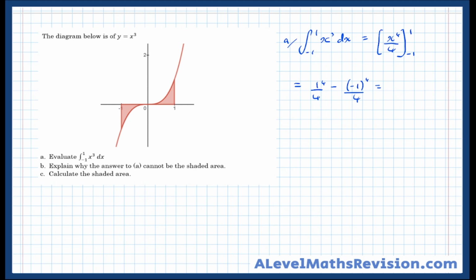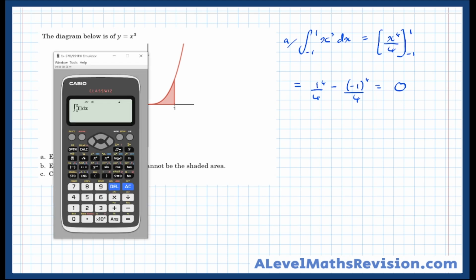It's just a quarter, take a quarter, which is 0. We can verify that on the calculator as well by doing the integral of x cubed between 1 and -1 equals 0.